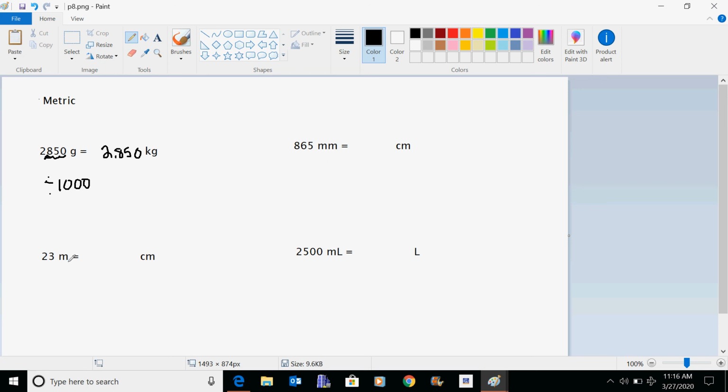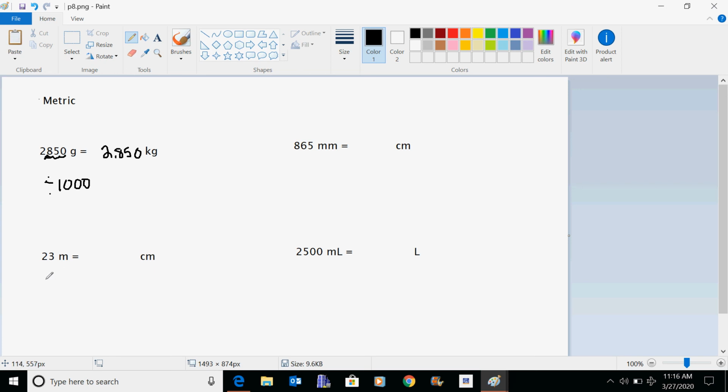All right, meters and centimeters. Remember I said that there are 100 centimeters in 1 meter. I had a picture of the doorknob that was about a meter, and the centimeters are the smaller ones, okay? So each one of the meters has 100 centimeters in it. And there are 23 of these big things, so there will be more of the little ones.